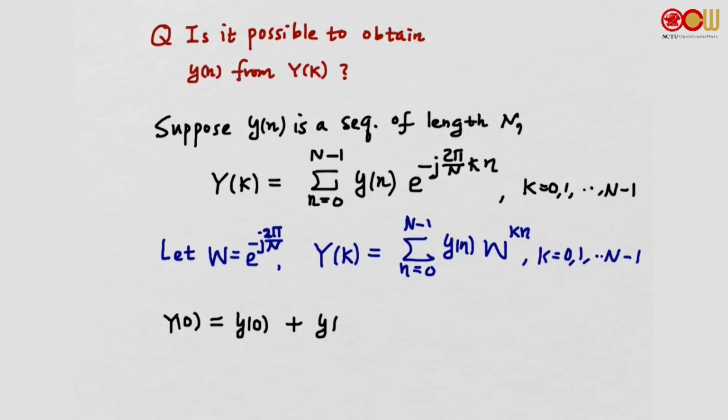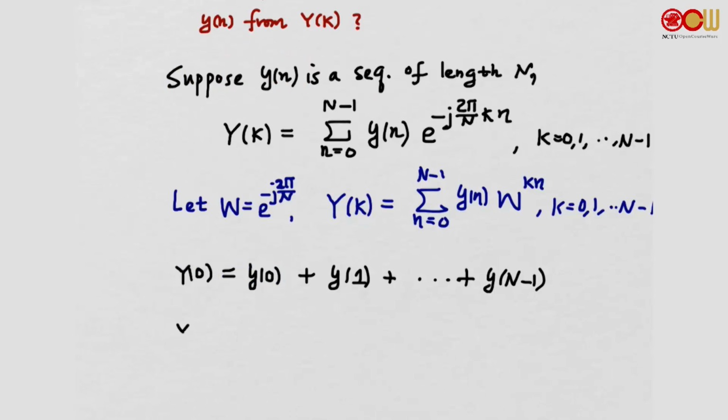Then y[1], n equal to 1: when we plug in k equal to 0 and n equal to 1, we still get a 0 exponent, so the whole term is still 1. We continue on, because k is equal to 0, so the exponential term just disappears, and then we get y[N minus 1]. That's the case when k equals 0.